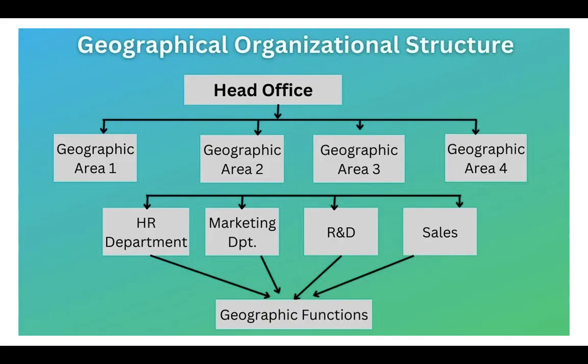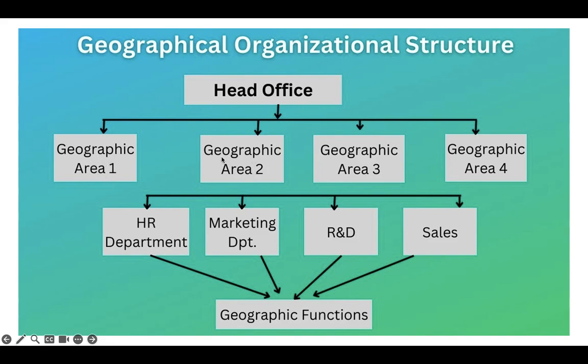Now, let's look at a different type of geographic organizational structure. We have a head office located somewhere, and that head office runs operations in 4 different geographic areas. So the head office may be in Trinidad, and the first geographic area that it serves is the United States.